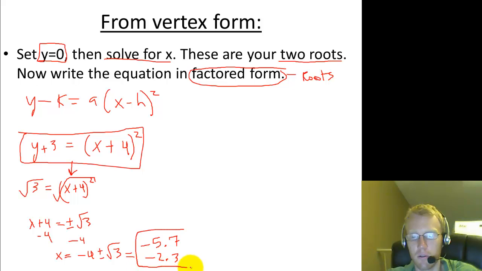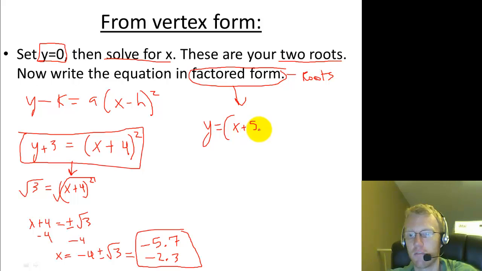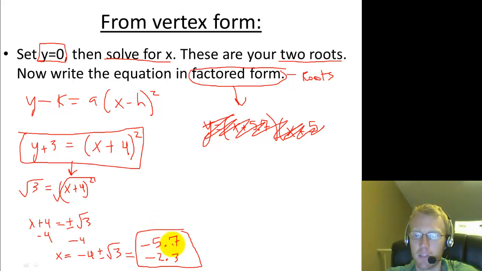So those would be my two x-intercepts. And so to write the equation in factored form, I just write y equals (x plus 5.7) times (x minus, x plus, sorry, I'm making a mistake. I apologize. These are my two roots.